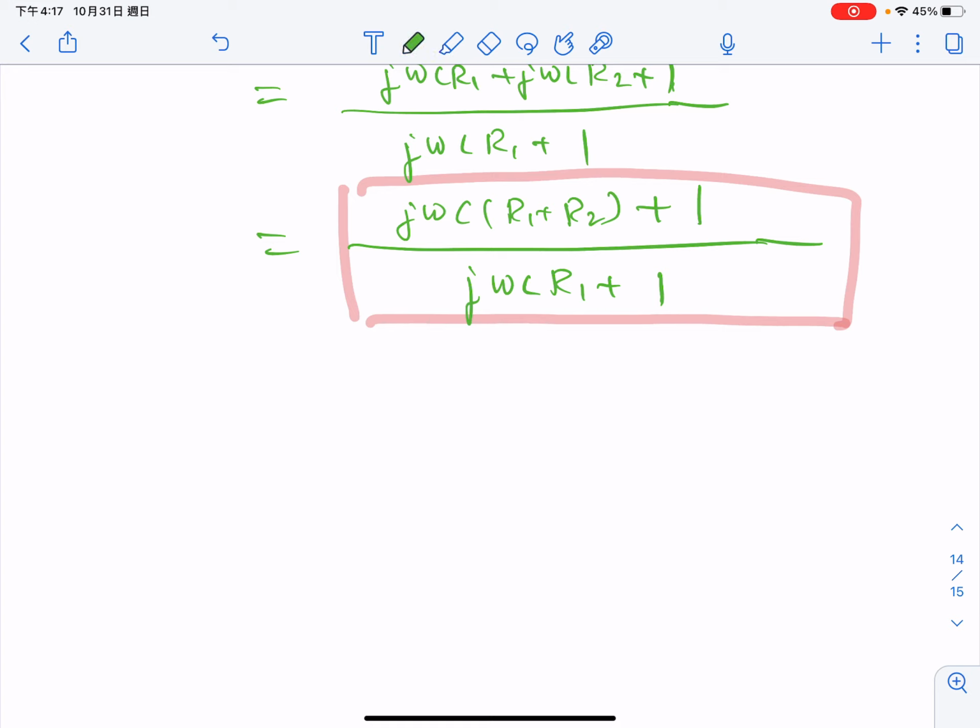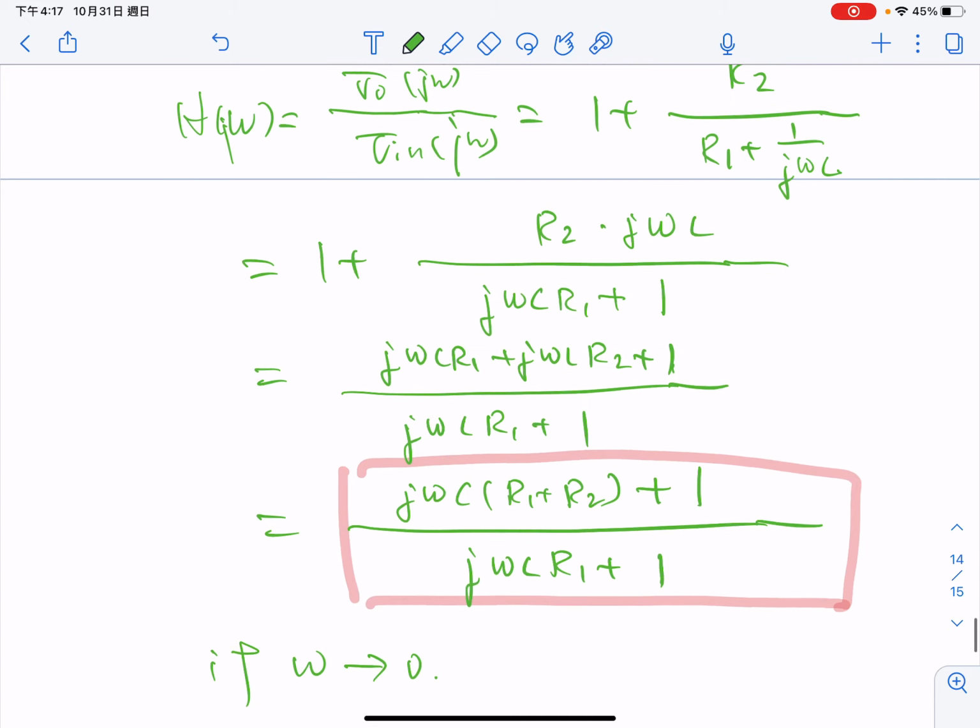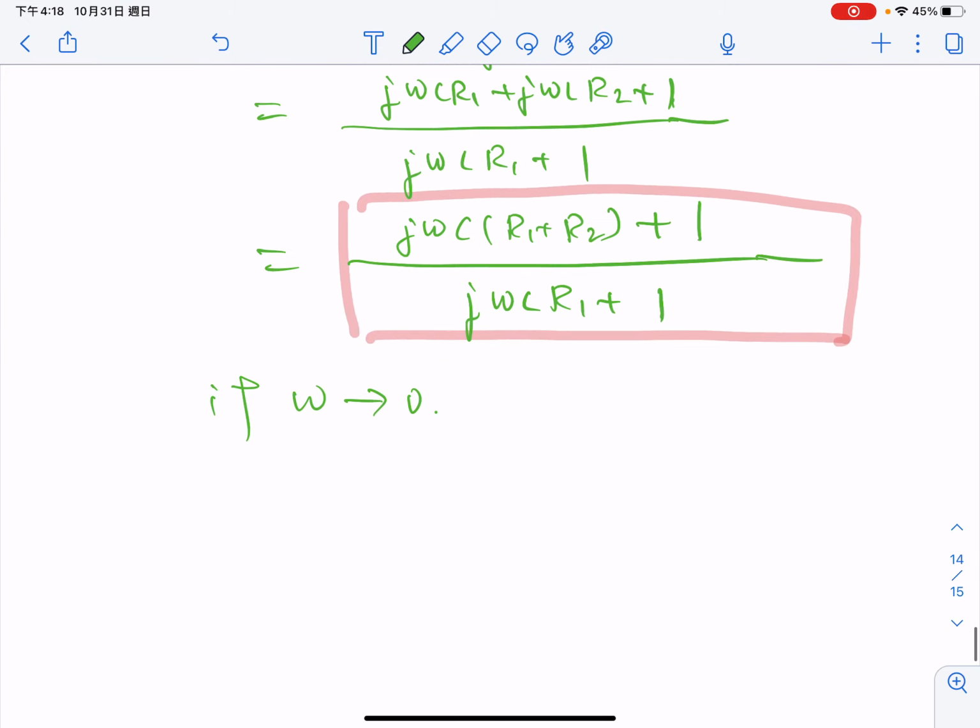So if omega goes to 0, then H of omega will be equal to 1.